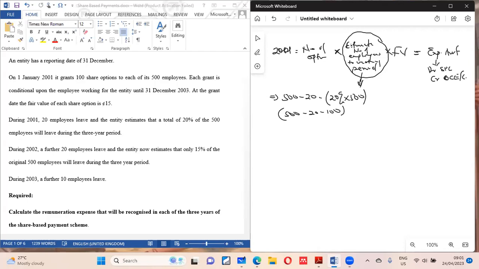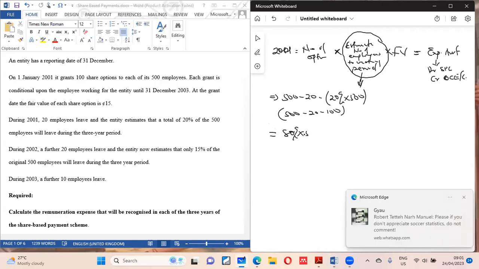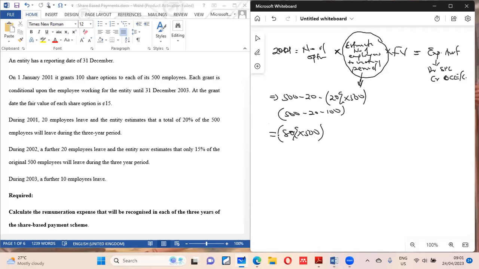It will be only 80% who will vest. So 80% of the 500 employees are expected to vest because 20% will no longer be there. Please use the right wording because it can affect your answer. Will no longer be, it's an estimate. Okay. Anybody else before I give the final verdict?